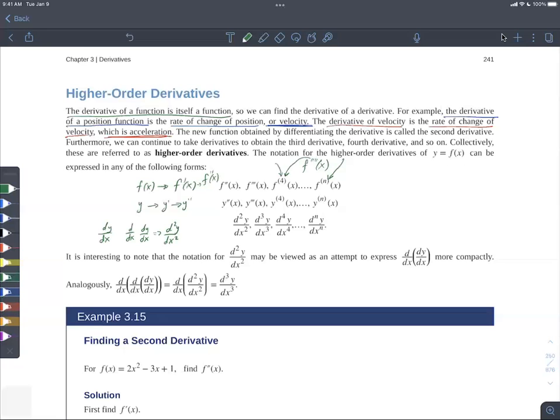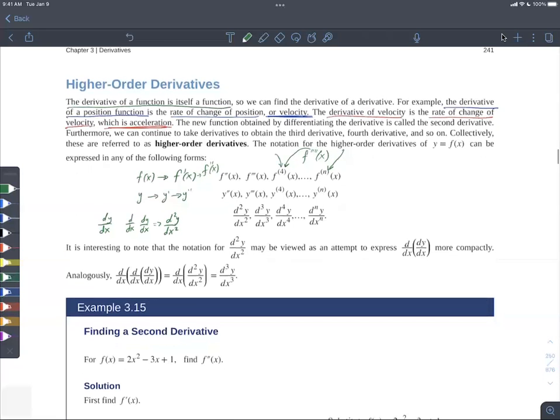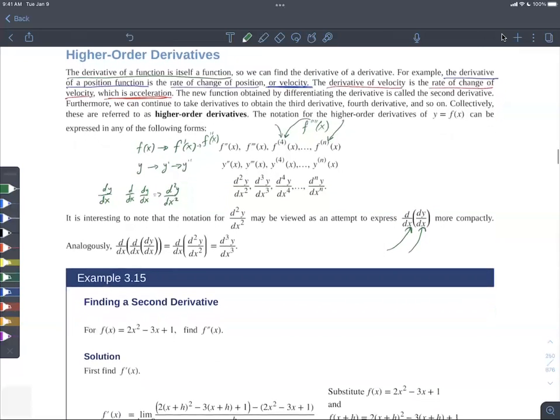And it is interesting to note that the notation for d squared y dx squared may be viewed as an attempt to express the derivative of the derivative more compactly.